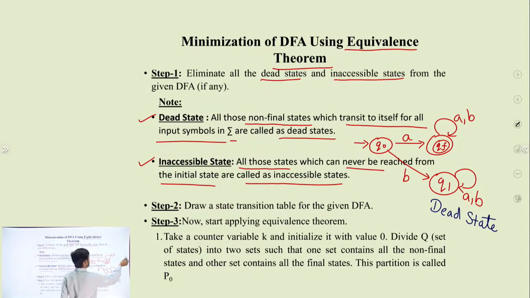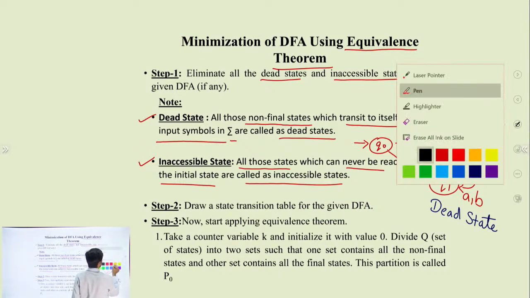And what are inaccessible states? We can't reach that state from the initial state. Suppose there is one state Q2, and on A it goes to QF and on B it goes to Q2 itself. From Q0 we can't reach the Q2 state, so it is an inaccessible state.